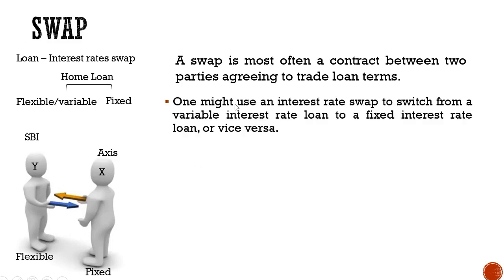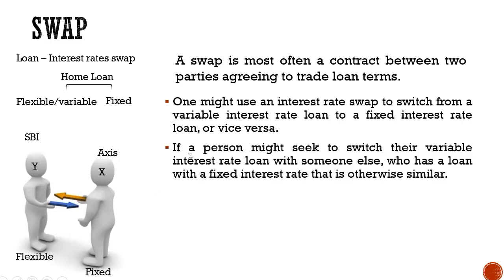So one might use an interest rate swap to switch from a variable interest rate loan to a fixed interest rate loan or vice versa. This is what we explain with the help of this example. A person might seek to switch their variable interest rate loan with someone else who has a loan with a fixed interest rate that is otherwise similar.